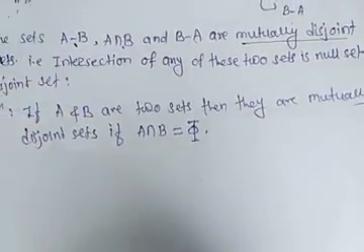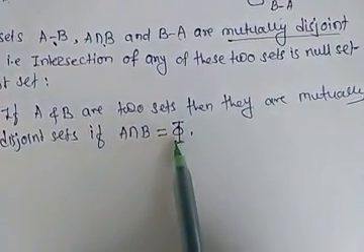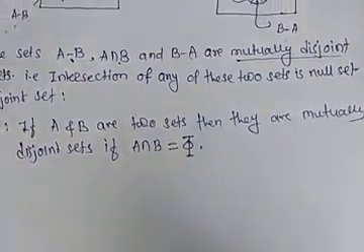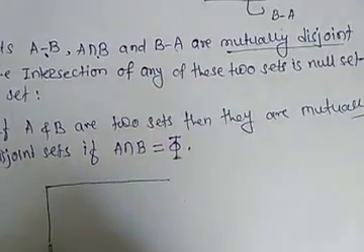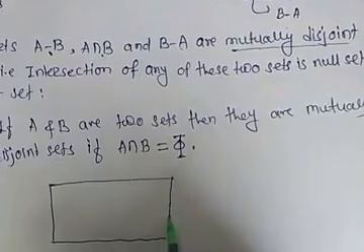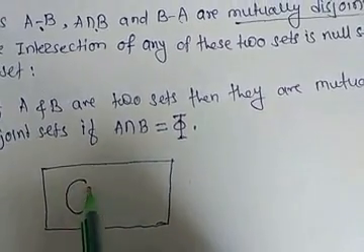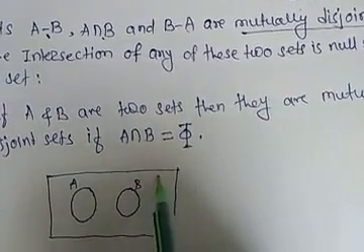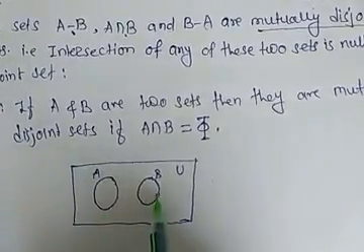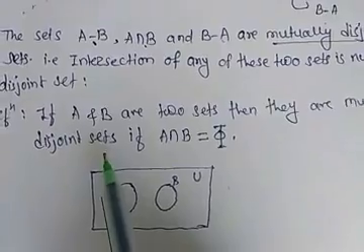Mutually disjoint, or disjoint sets, means its intersection will be equal to empty set. We have defined this diagrammatic representation in some examples. So if you have to define this representation, it will be in this manner. No common part is in between the two sets. These two sets are known as disjoint sets.